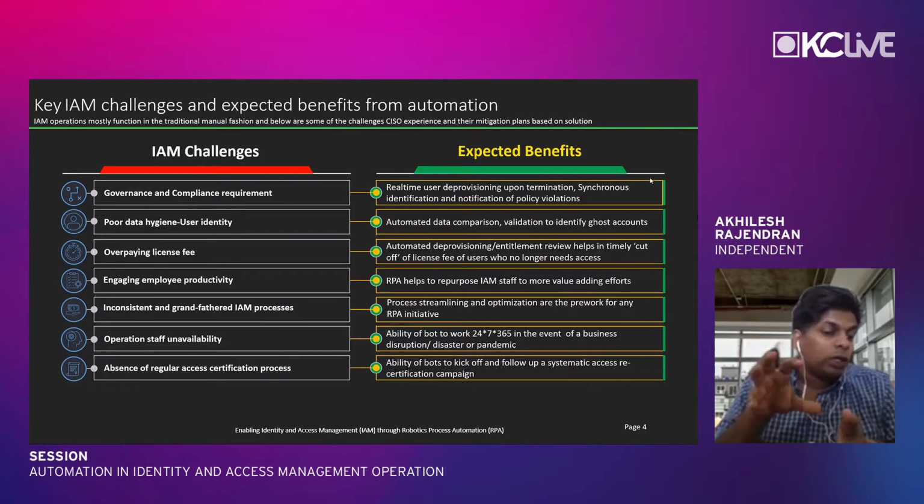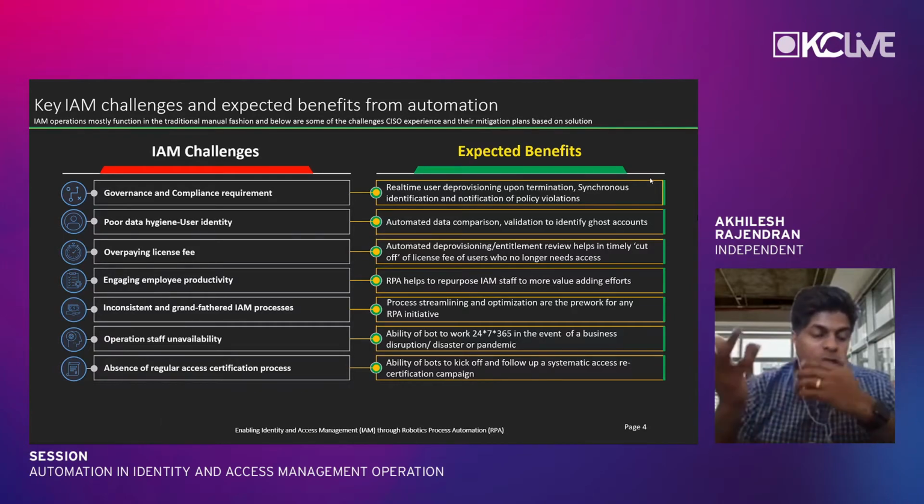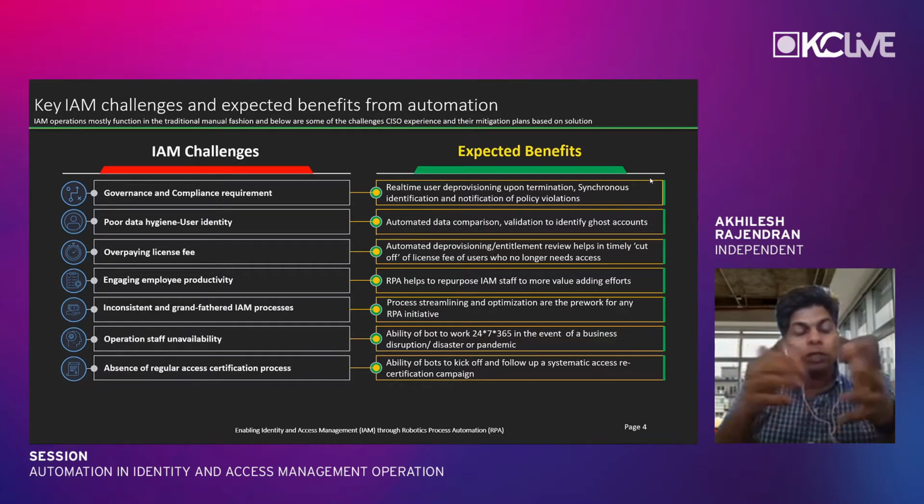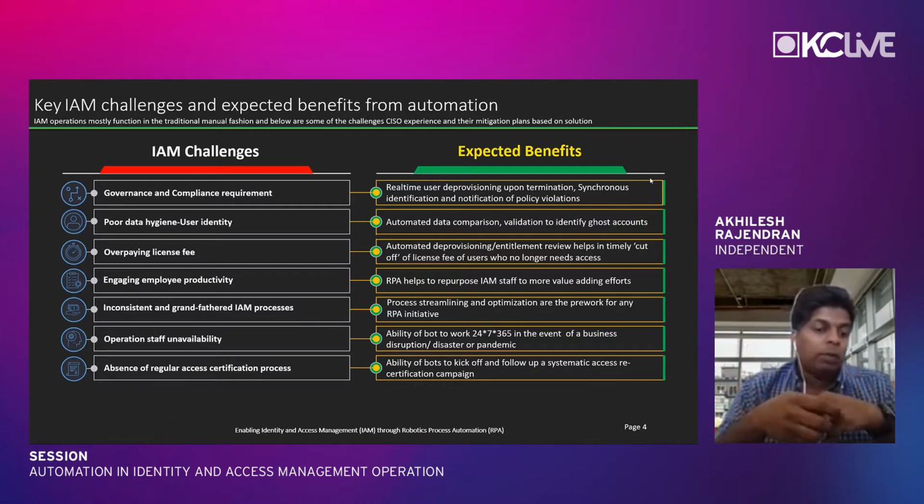The last one I have here is the access certification process, where the UARs are very important and it's very hard to track each application owner and get them to do it. If it is a global application with multiple languages involved, it adds another dimension too. That's where we can employ the bots to do the access review and chase the people, even in multiple languages.